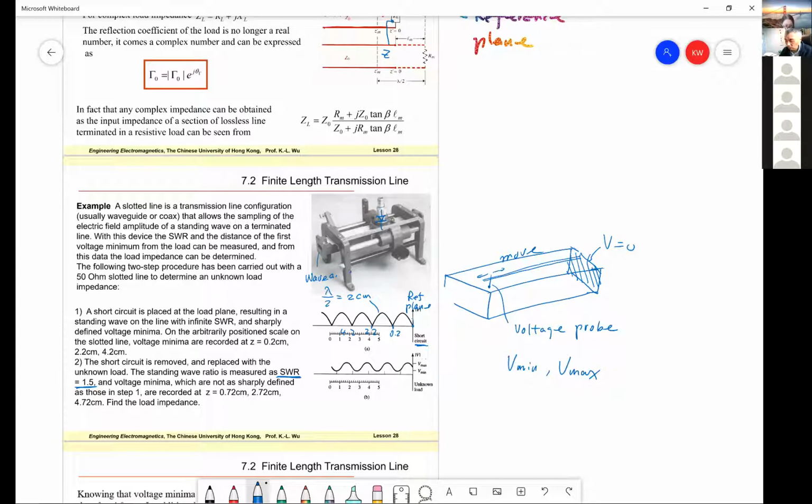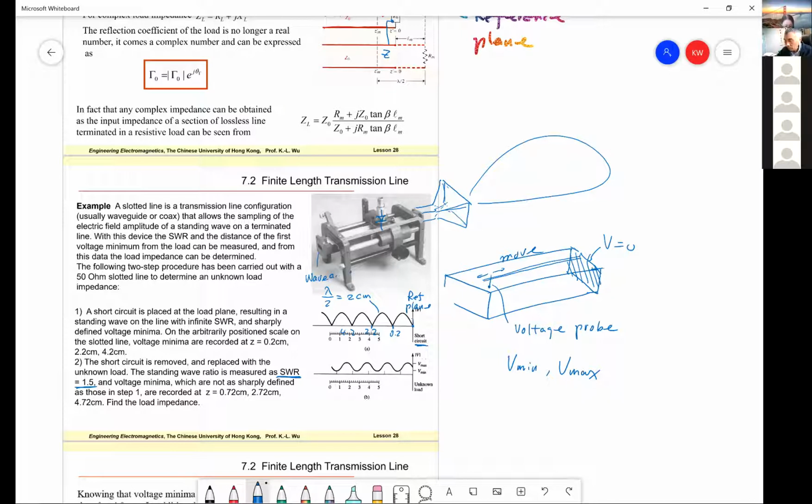Okay. Now I put a load. I put the antenna at this location. Now I connect an antenna, let's say a horn antenna. This is a waveguide, and this is like a horn antenna, so we have radiation. Now we need to measure this antenna impedance. How do we measure impedance?